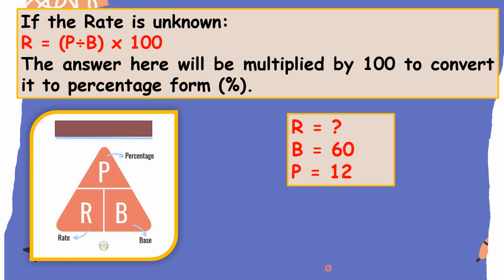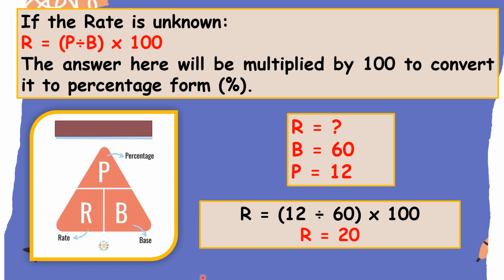So our given base is 60 and our percentage is 12. Our unknown is our rate. Rate is equal to 12 divided by 60, times 100. First, divide the value inside the parentheses and then multiply it by 100. So our final answer for rate is 20.